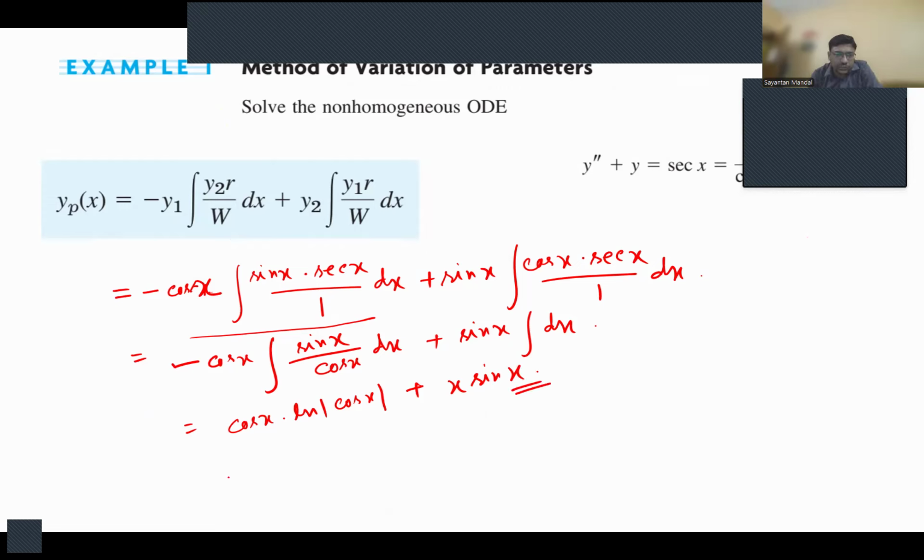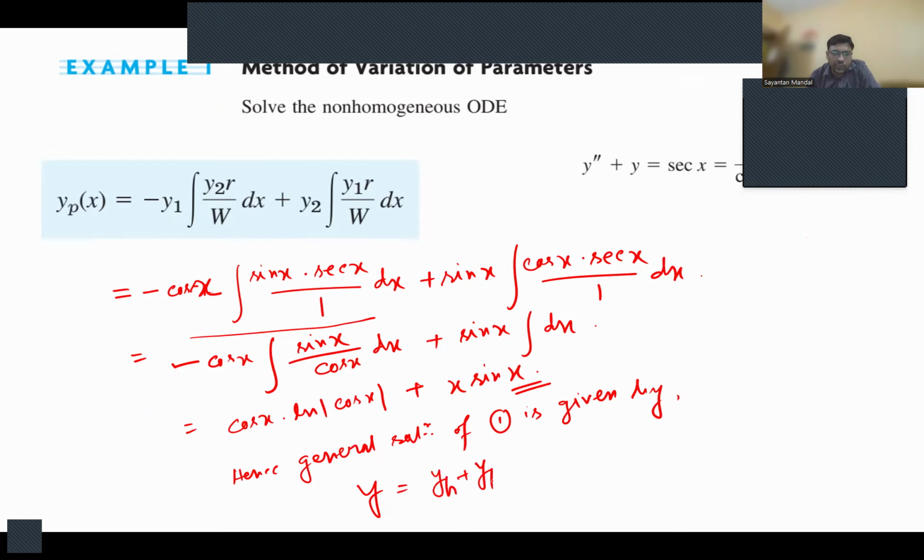What is the general solution? So hence, the general solution of equation 1 is given by y equal to yh plus yp.